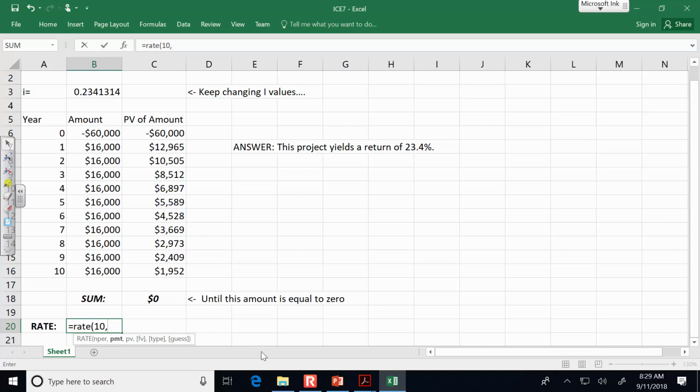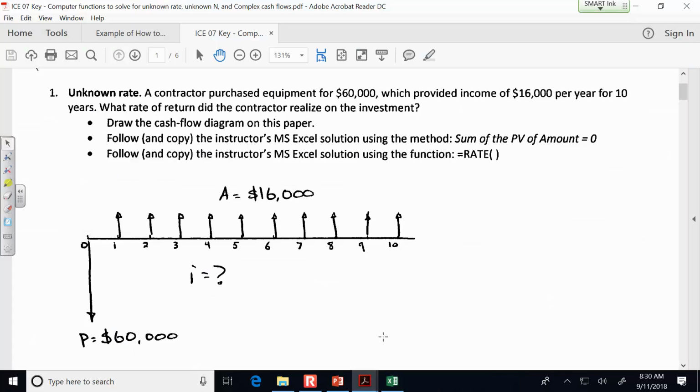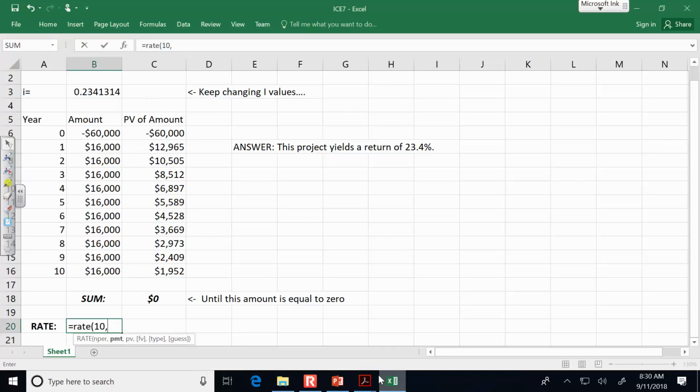Now in Excel, that's the abbreviation that's used for a recurring amount. They call it payment, but it just means like the regular amount that's always the same. So in our cash flow diagram, what's the recurring amount? The one that happened over and over, 16,000. Good. So I'm going to type in 16,000 without the commas, just the 16,000. And then I put in a comma to get to the next field.